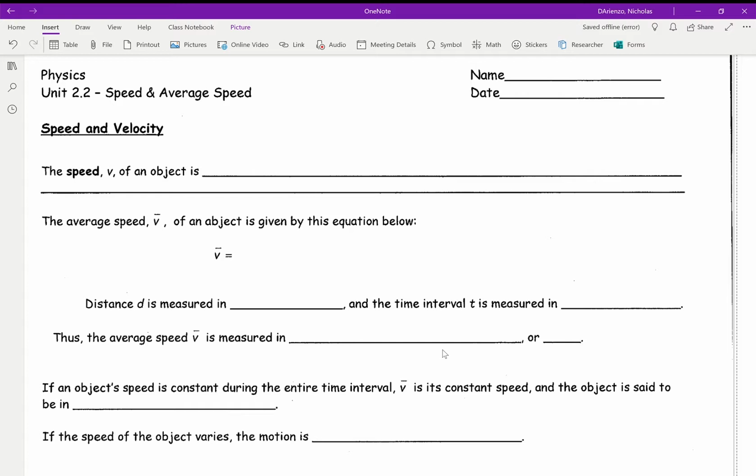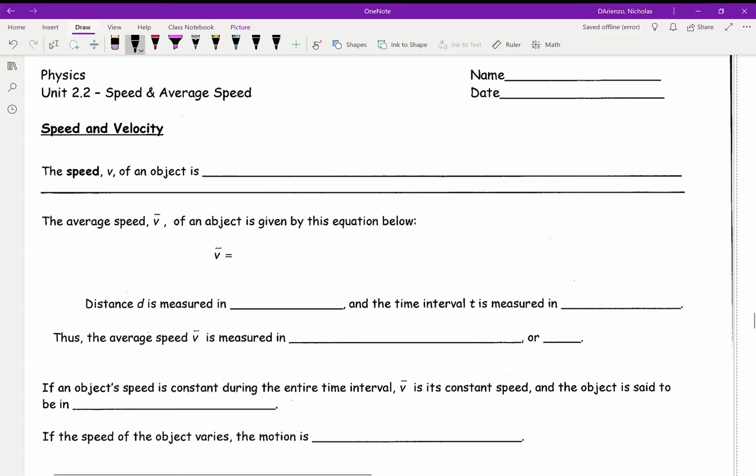But speed, which we represent with v, because it is representing the same magnitude when we talk about the velocity, so they're going to use the same variable v. So the speed, or v, of an object is the distance that the object moves in a unit of time.